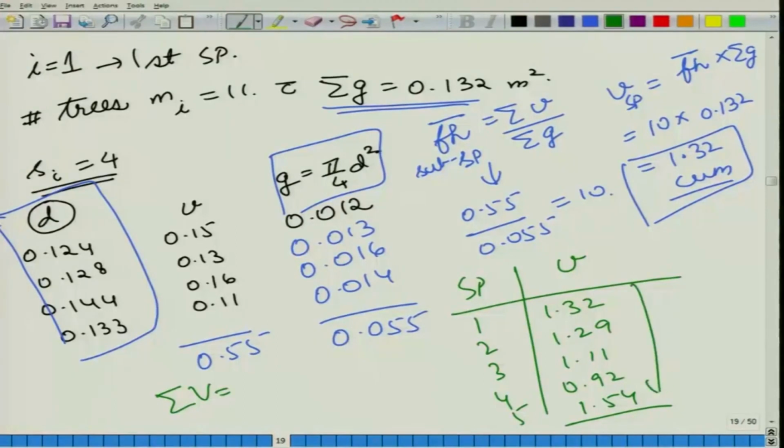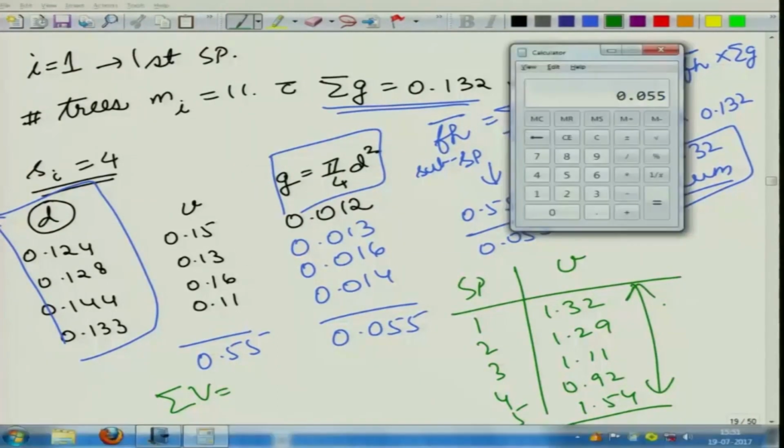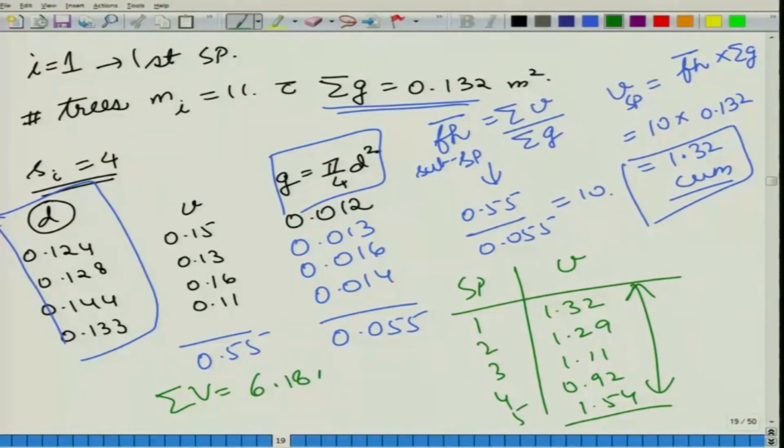That will be the sum of these values, which is 1.32 plus 1.29 plus 1.11 plus 0.92 plus 1.54, that is 6.18. So, it is 6.18 cubic meter in 5 sample plots of 0.001 hectare each.